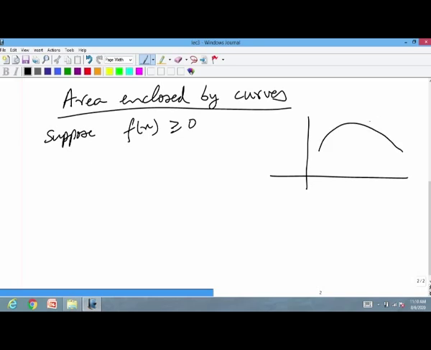So, we have the graph of this function y equal to f x, which lies above the x axis, and we have the lines x equal to a and x equal to b.